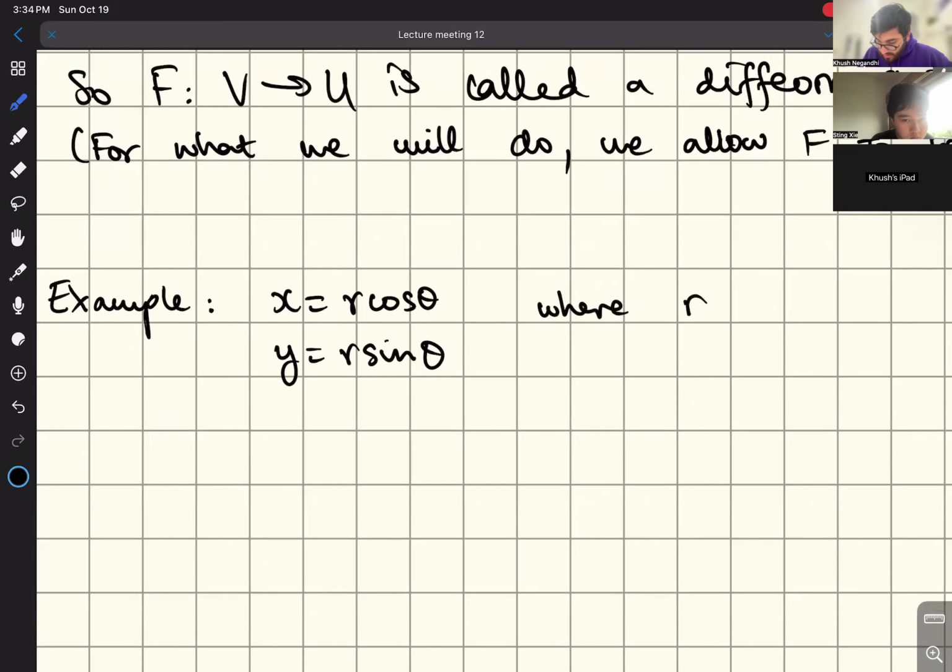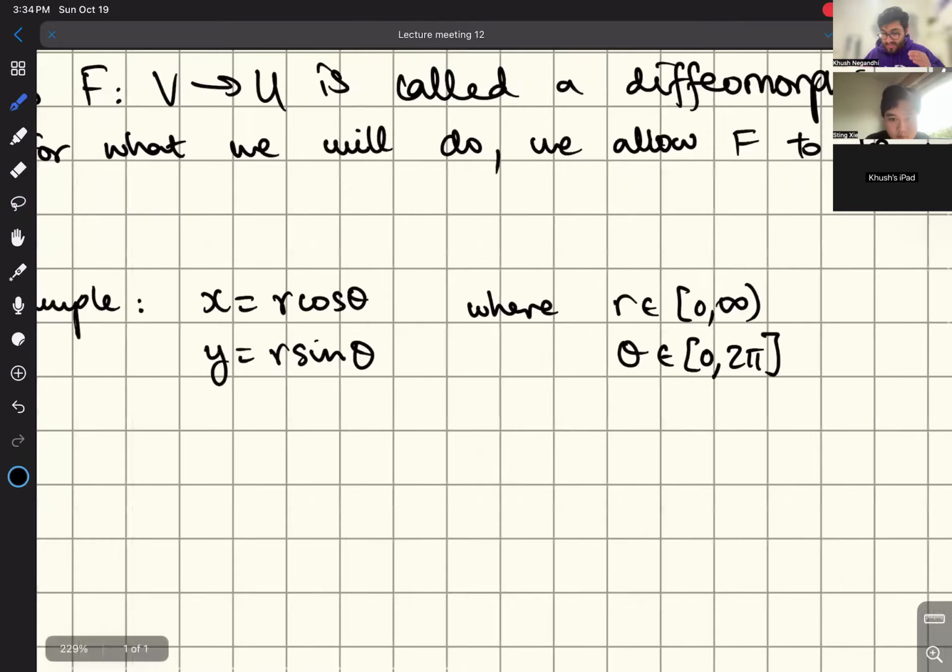Where r comes from like this and theta comes from this. But you see the issue is that if theta equals 2 pi, it's the same thing as if theta was equal to 0. Also, another issue is that this isn't well defined at the origin, because theta could be anything since r is 0.